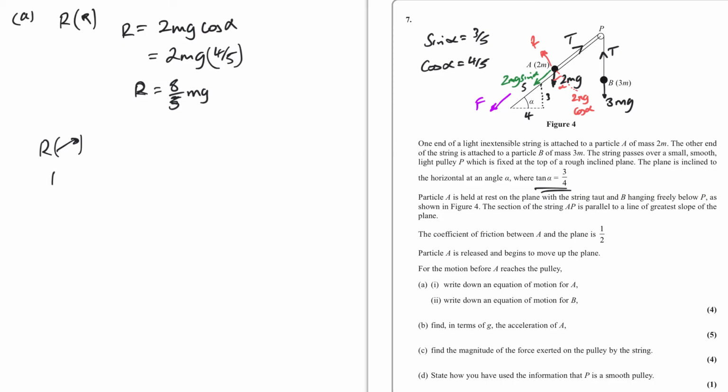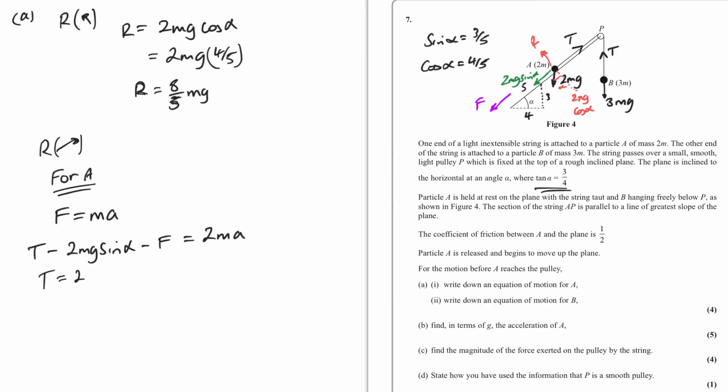Okay, so we'll look at A first. Now, the particle's moving, so we want to look at F equals ma. It's moving up the plane, so T's got to be larger, isn't it? So T minus my 2mg sine alpha and minus my friction, and that equals ma, so that's 2ma.